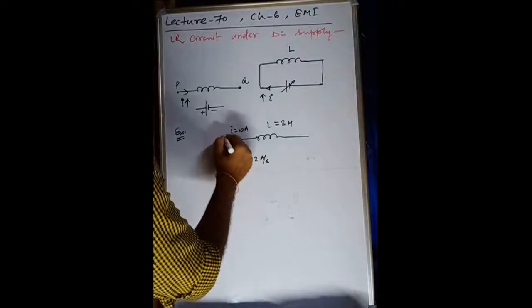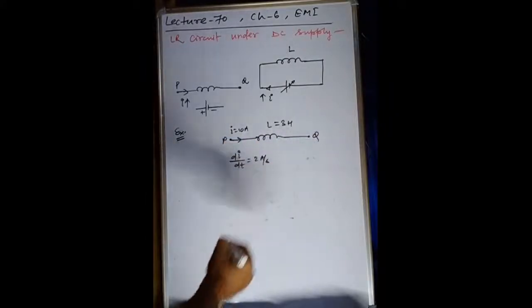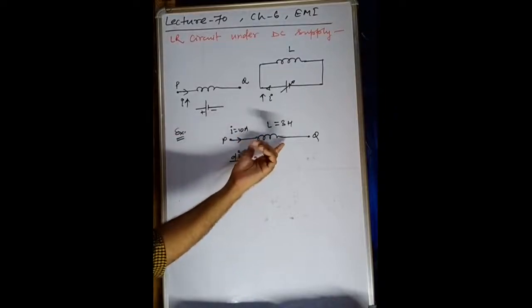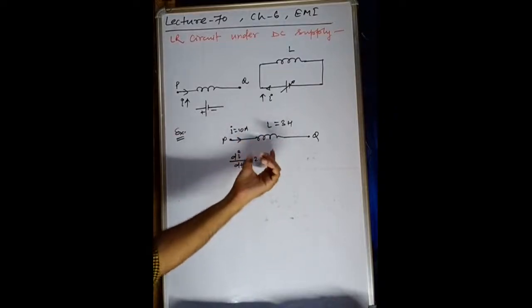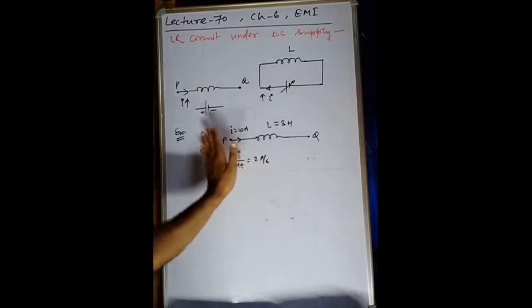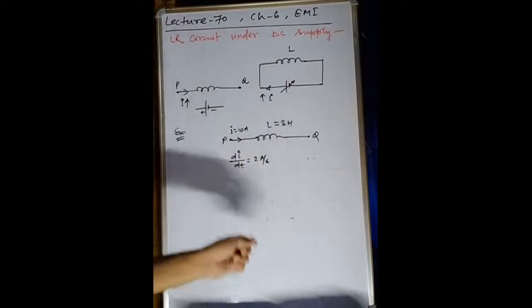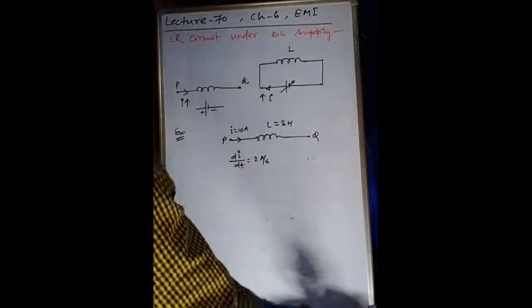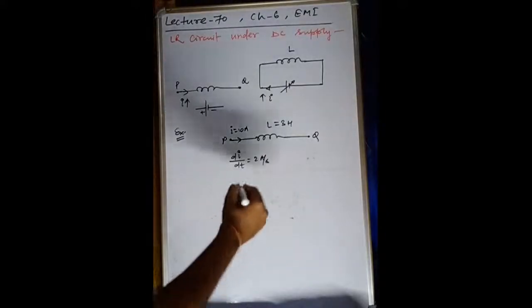This is the point P and Q, and I am telling you, represent the back EMF here with the cell. You have to represent here a cell and give the value of that cell, that is the back EMF. Then how will you solve this question? So you will solve this question this way.